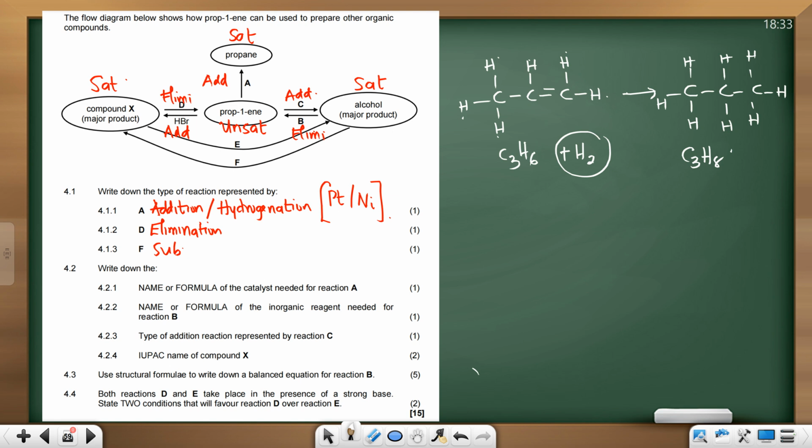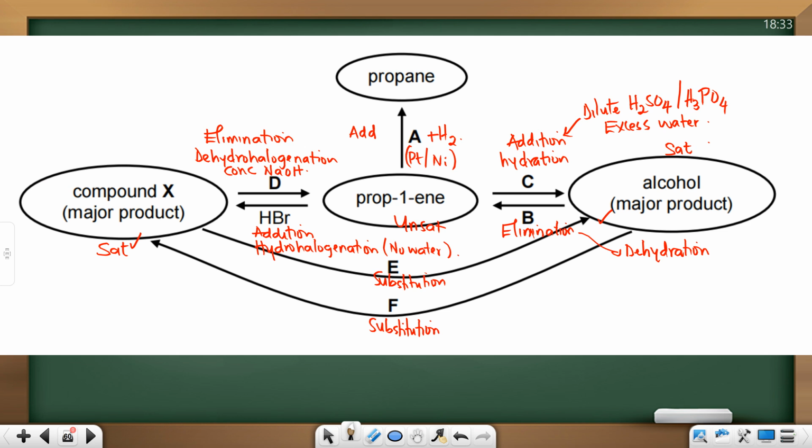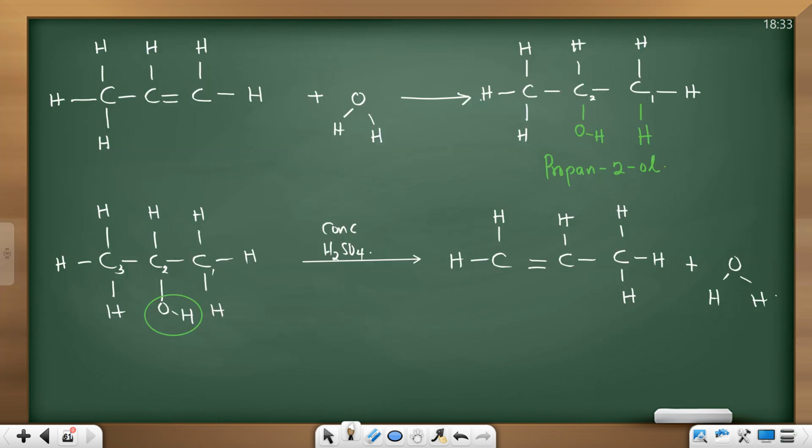Would you say concentrated H2SO4 or concentrated strong base? Okay, since it's no, we can use any one. Anytime you see concentrated, we are removing. So I could also use concentrated sodium hydroxide.